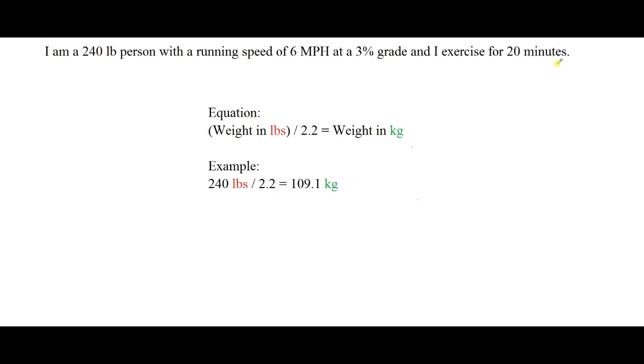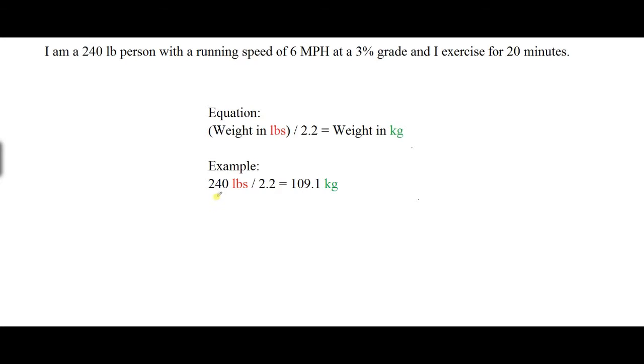Now the thing with this equation is that things have to be represented in a particular unit type, and in this case we're talking about kilograms for weight. The equation that we're going to be using is weight in pounds divided by 2.2, being the difference between kilograms and pounds. Again, this is my example, of course; put your weight in here.